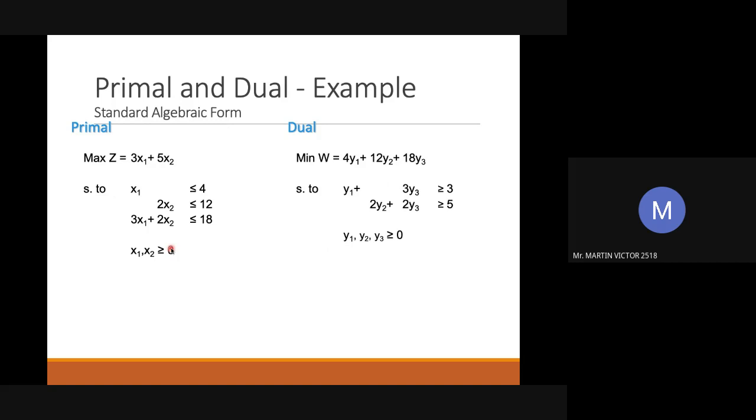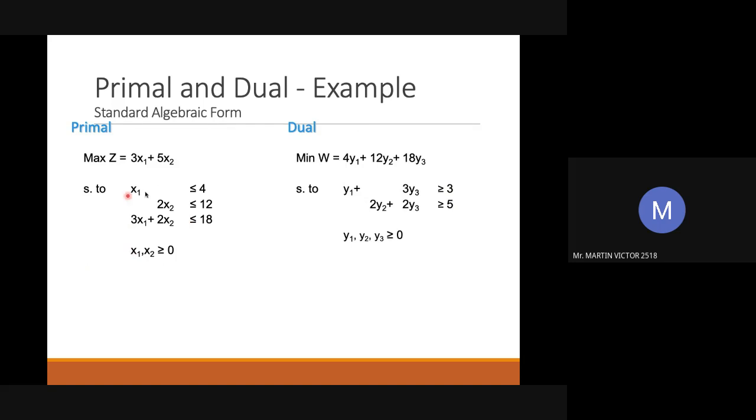In the problem, we have seen that the coefficients of our objective function go to the resources on the right hand side in the dual. Similarly, the right hand side or the resources in the primal are taken to the coefficients of the objective function in the dual.